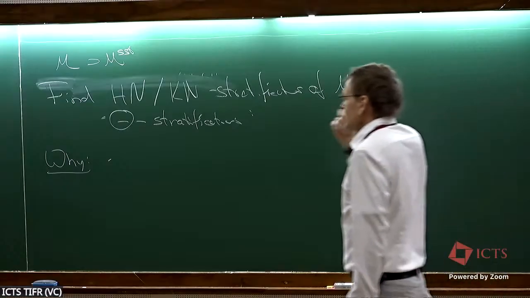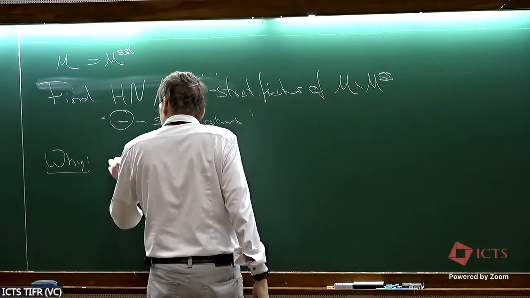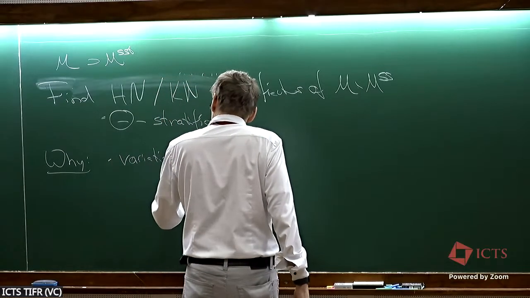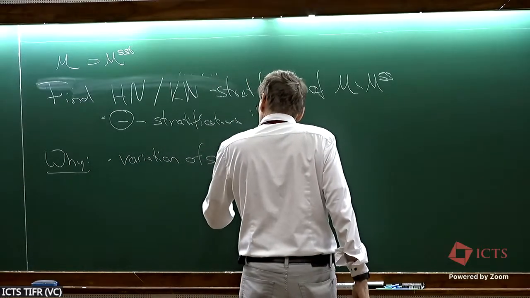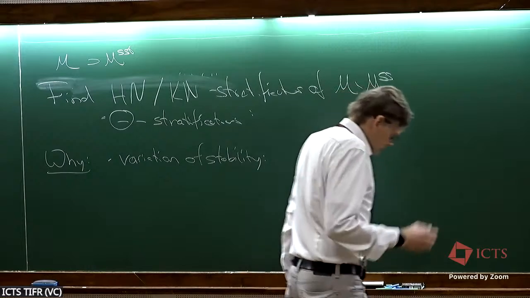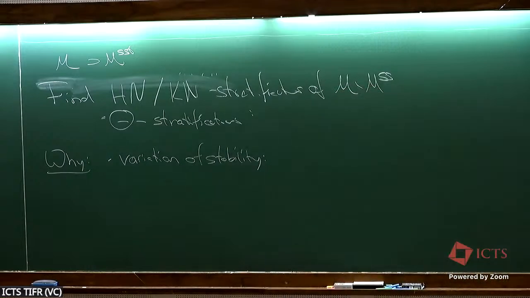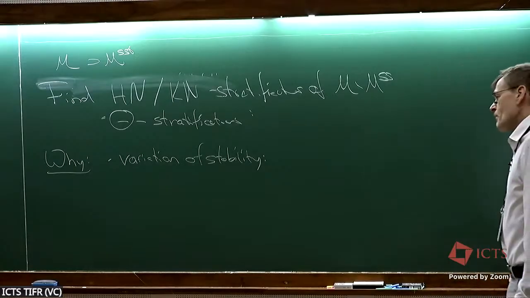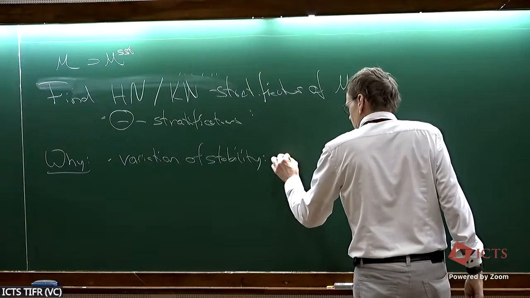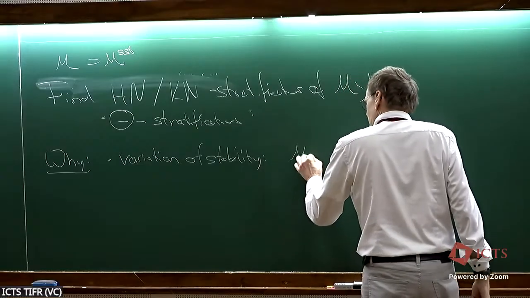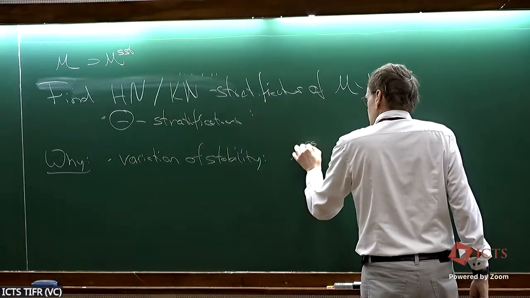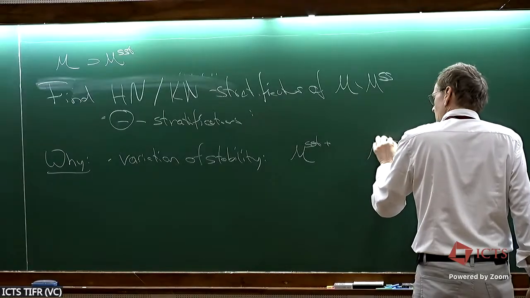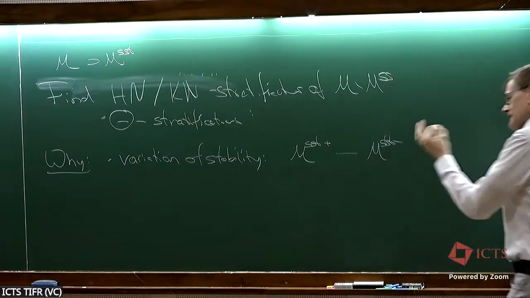It's variation of stability: if you have a moduli problem where you can vary your stability condition, then what usually happens is that you might have two versions of semi-stable objects that are related by what people call wall crossing.